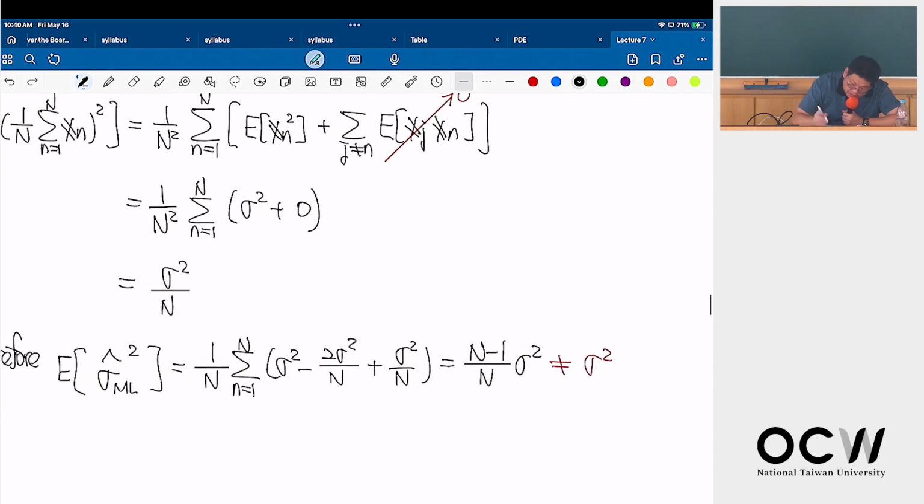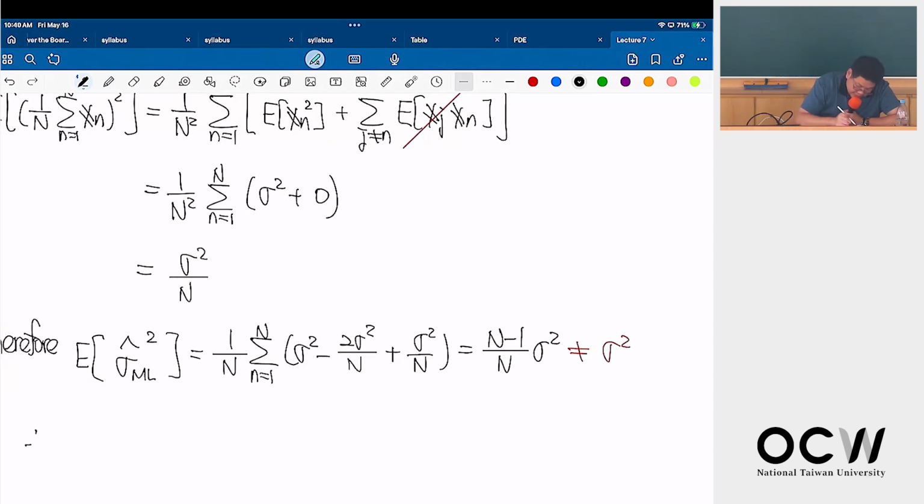Therefore, this maximum likelihood estimator of variance is a biased estimator.